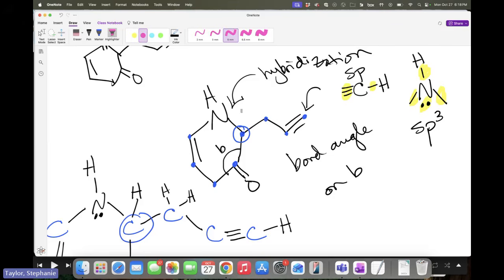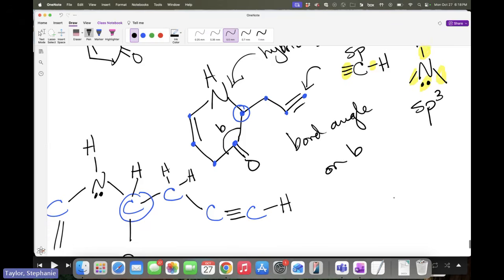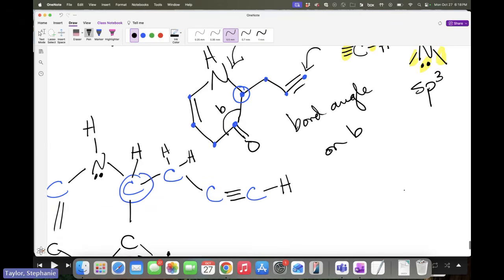I also put this bond angle on B. That thing is all twirled around now. So the bond angle on B, that's a carbon with a double bond to an oxygen that has a lone pair, and then 2 single bonds. Because of the double bond, that double bond is actually going to squish that angle.